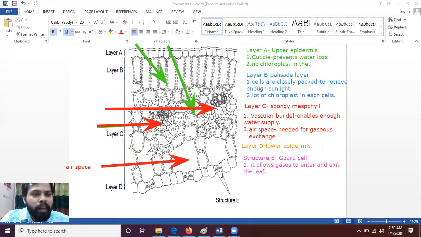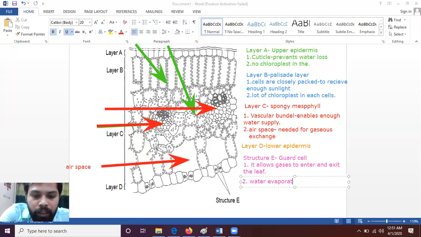You can assume the guard cells to be the door of a building. Your leaf is the building, and for entering that building you need to go through that door, and that is the guard cells. So this is one function of guard cells, allowing the gases to pass through. Another important function of guard cells is water evaporation. Water evaporates through guard cells.